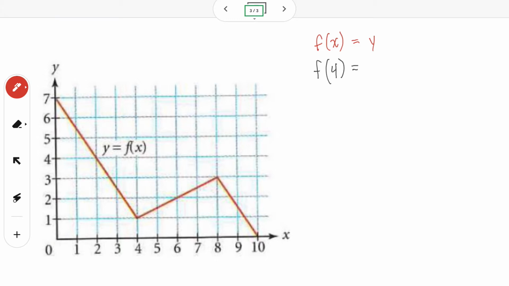So this is telling me to go to an x value of 4. I go to the x-axis, find an x value of 4, and ask, where's my graph? Tracing up from the 4, I find my graph is right at this point. So my y value is 1. So f of 4 equals 1.